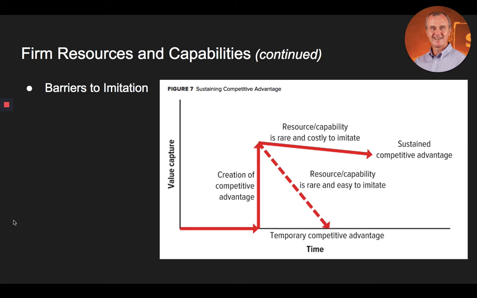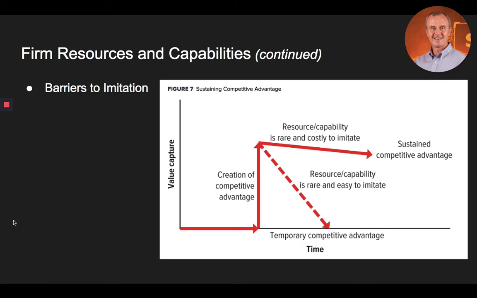Combining the second and third steps in that procedure generates important lessons for competitive advantage and strategy. As Figure 7 on sustaining competitive advantage, taken from your text and shown on screen, shows, if a resource is rare but easy to imitate, then the resource is likely to yield a temporary competitive advantage because it would not be expensive for other firms to duplicate the firm's resource.